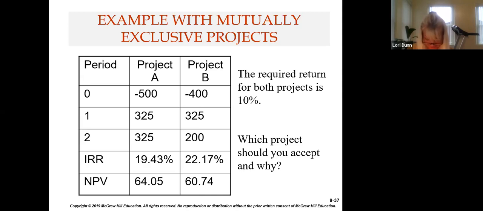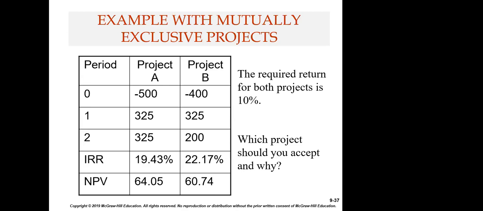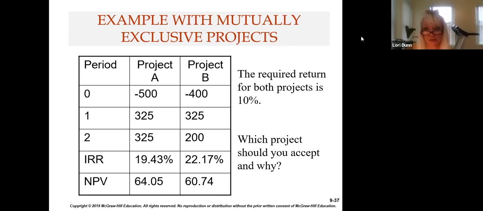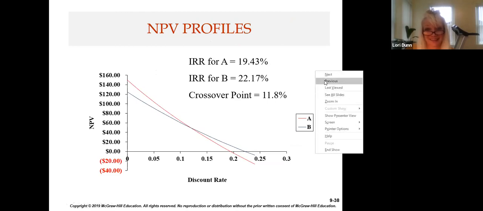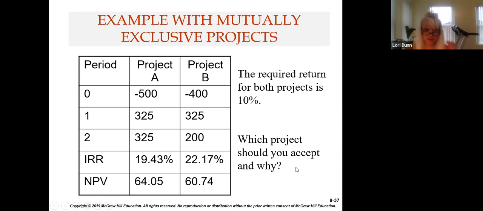So net present value is 10, comma, -500, comma, bracket, 325, comma, 325, close the bracket, close the parenthesis, and I get 64.05. Okay, sorry, I'm clicking around here. So you can calculate both.